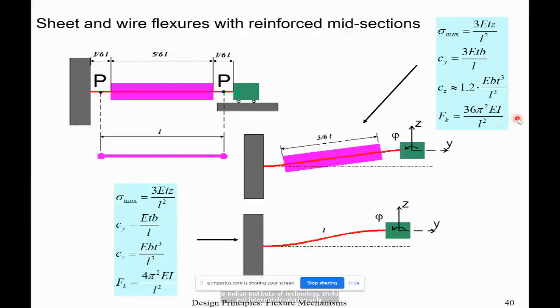So here 9 times. And what you can also observe is, because here the length of the flexure is L, but in the reinforced section, the equivalent length for buckling calculation is 1 by 6L and 1 by 6L. So if you just add them, it will be 1/3.